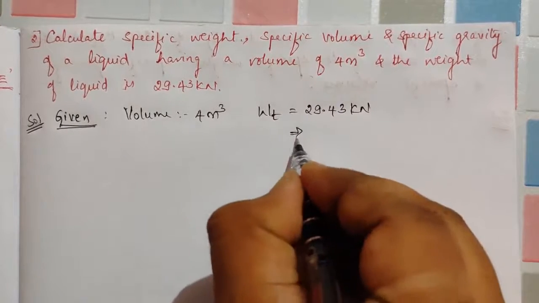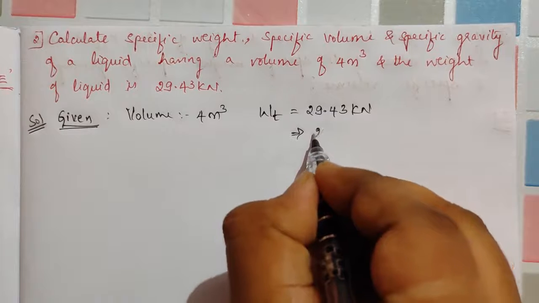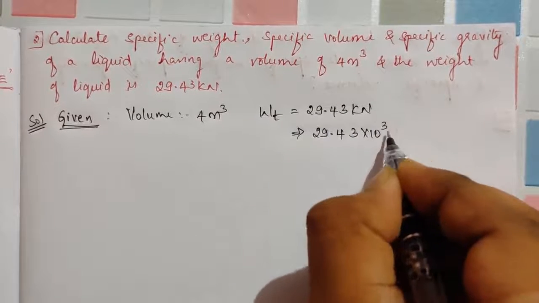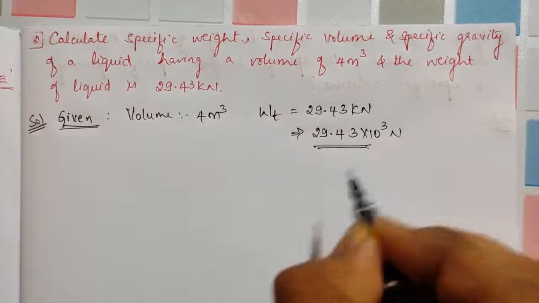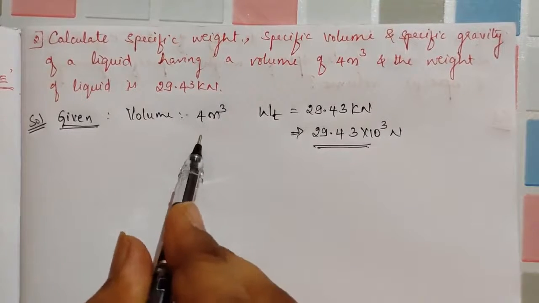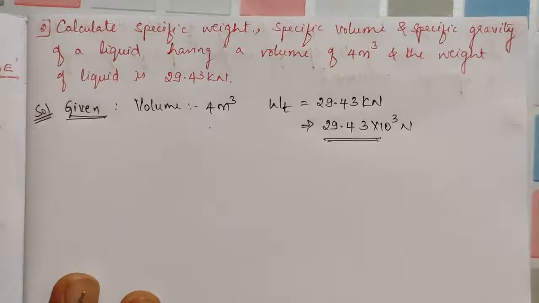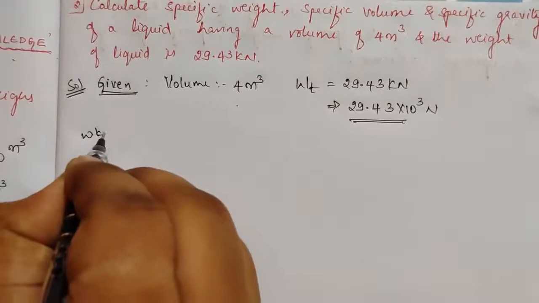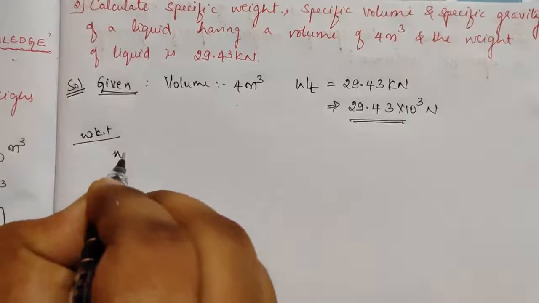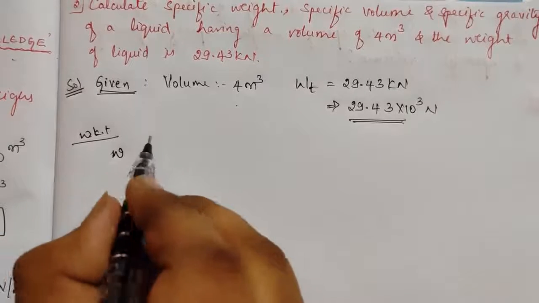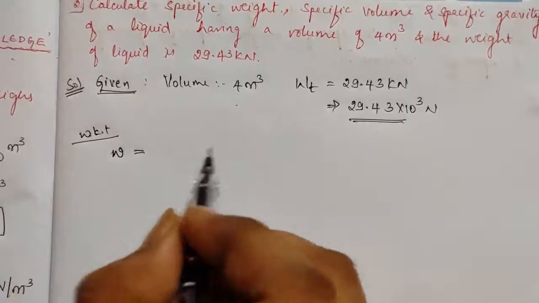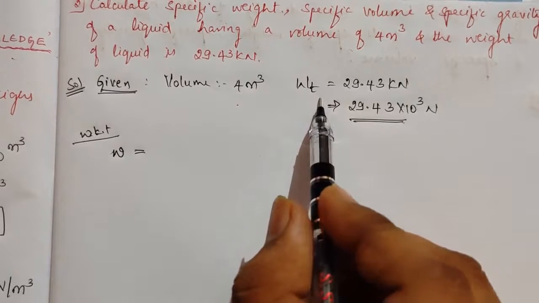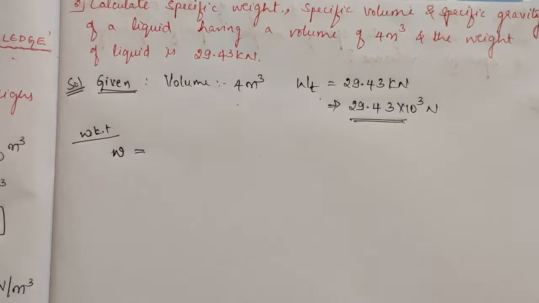So now I'll convert it: 29.43 into 10 power 3 Newton. Volume is 4 meter cube. With the knowledge of the formula, we know that the specific weight is equal to the weight of the fluid to the volume of the fluid, correct?